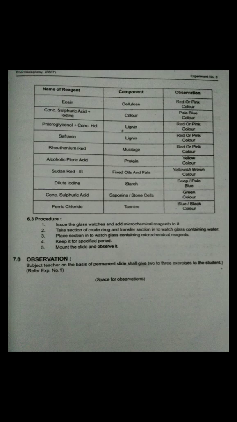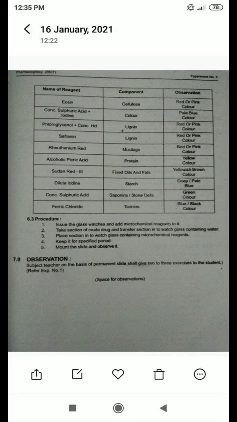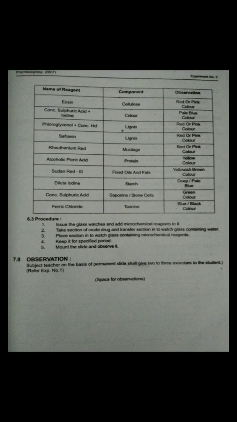Then next reagent is alcoholic picric acid, component is protein, and observation is yellow color. Then Sudan red 3, component is fixed oil and fats, and observation is yellowish brown color. Then dilute iodine, component is starch, and observation is deep or pale blue.